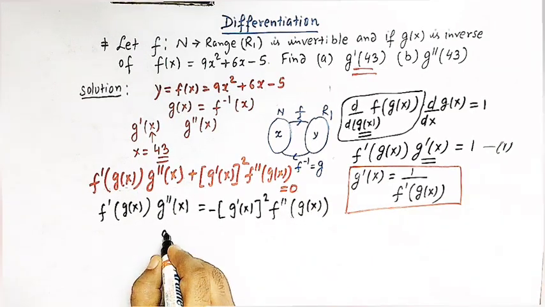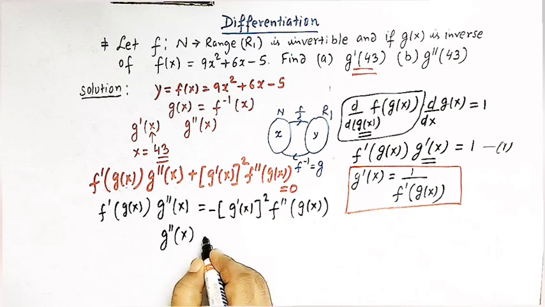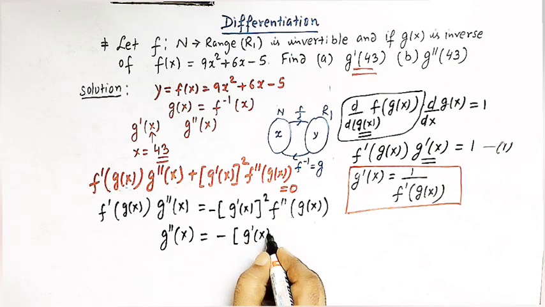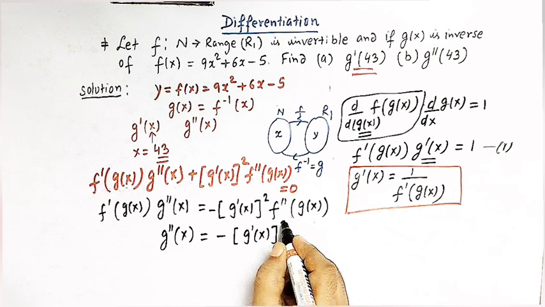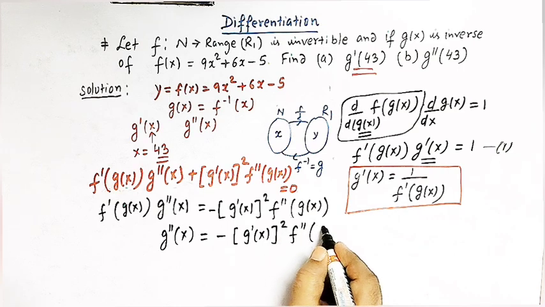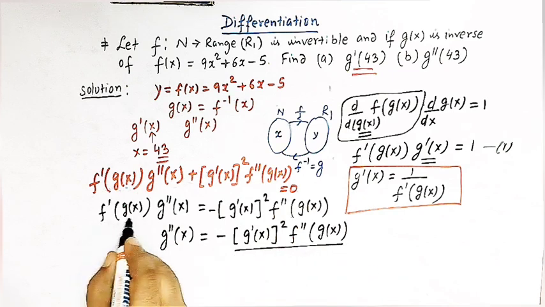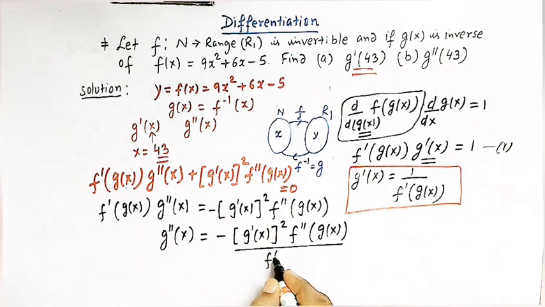So now we can write g double prime x is equal to minus, and here we have g prime of x square f double prime of g of x divided by this term, that is f prime of g of x.